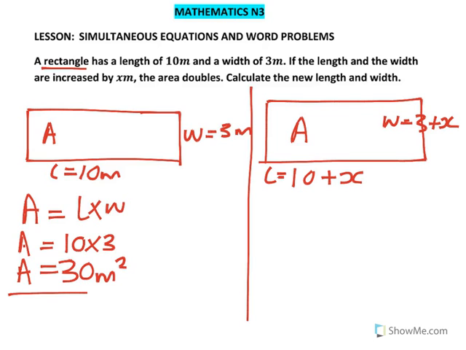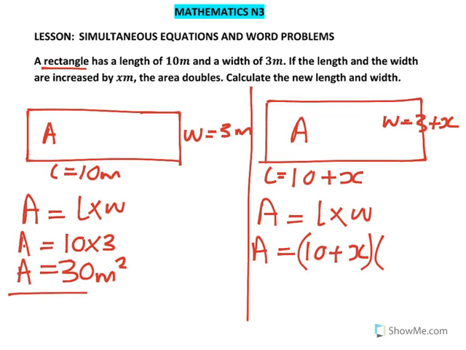In the other one, what is the area? Area is equal to length times width. The length now is 10 plus x times the width, which is 3 plus x. You understand? So this is the new area.